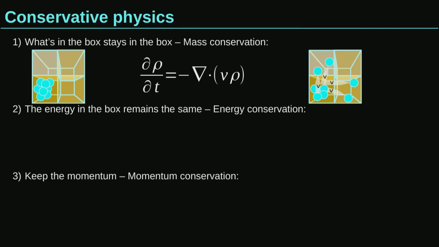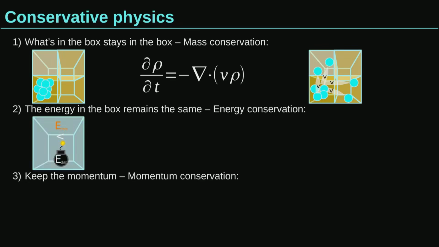A second very rudimentary principle is if we have energy in a completely closed box, for example these nice chemicals here, and we have a certain temperature, in this case low, maybe around 0 degrees Celsius. Then at some point the chemicals react very heavily.